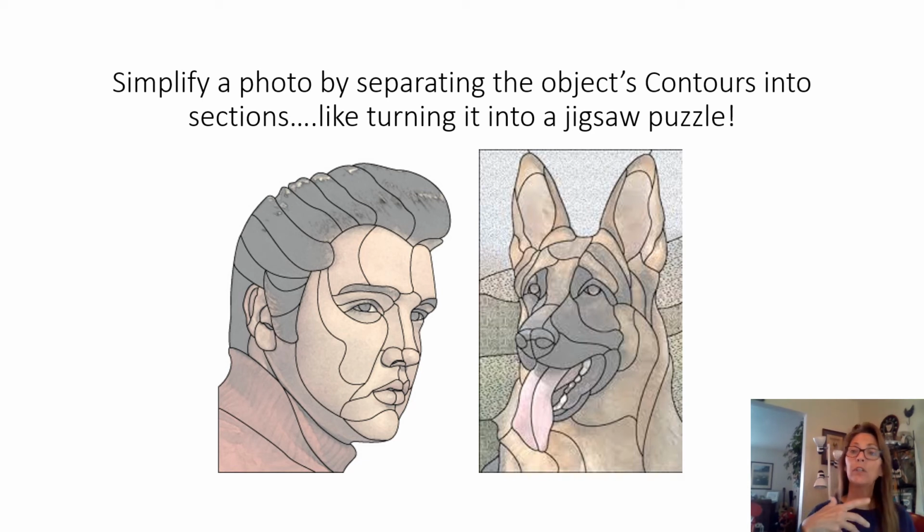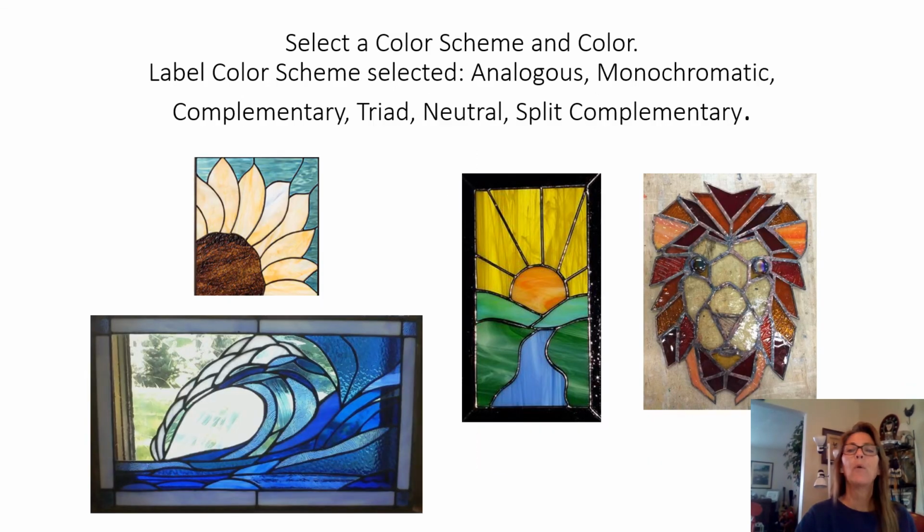So if you want to do that for your realistic design, go for it. Trace it and simplify like a puzzle. With that, I want it color coded as well. I want to see which color scheme you're going to use, and I want you to get it color coded. And again, you should know these color schemes.